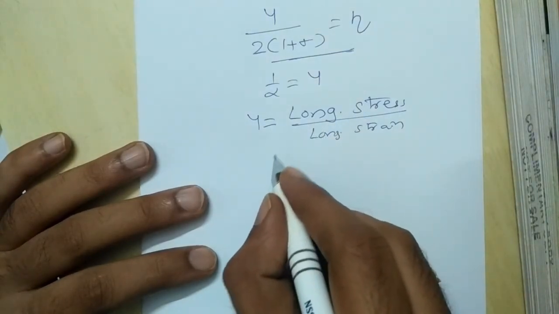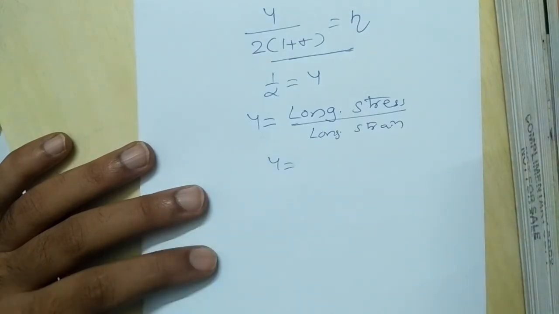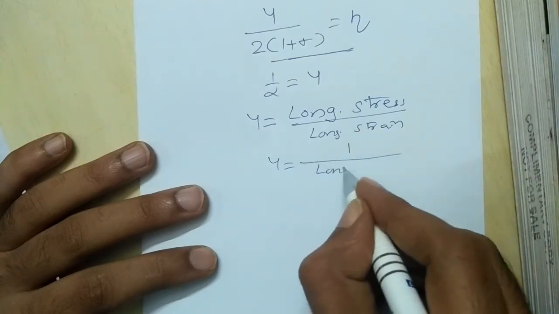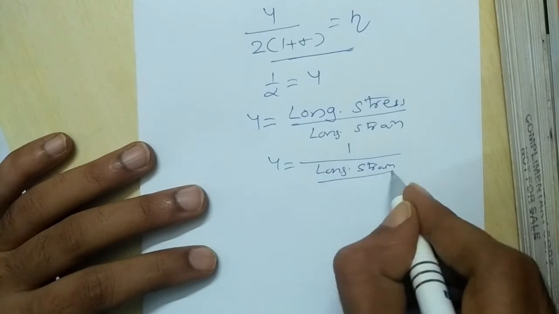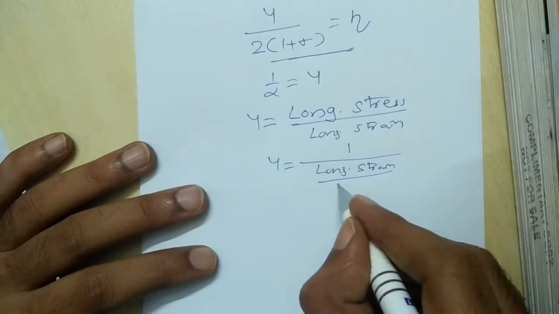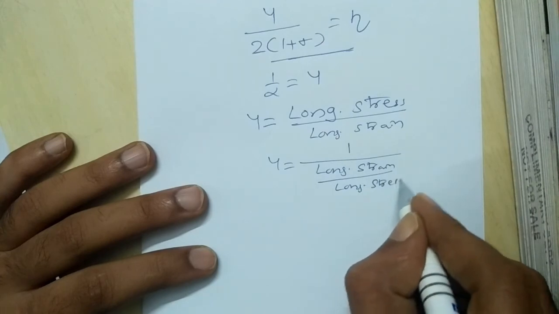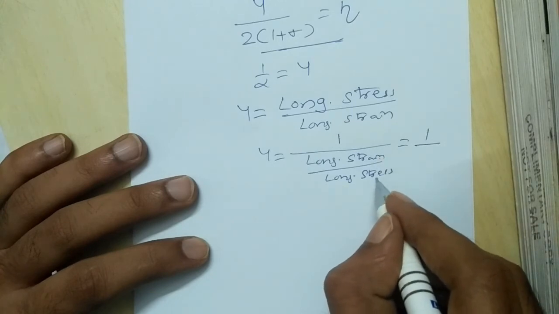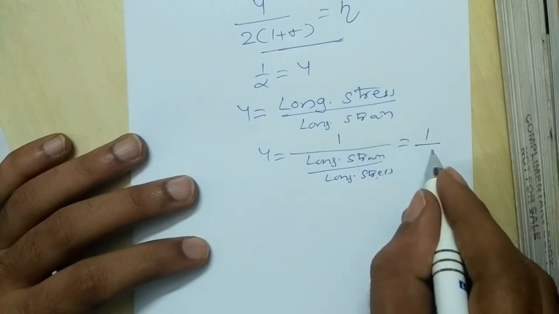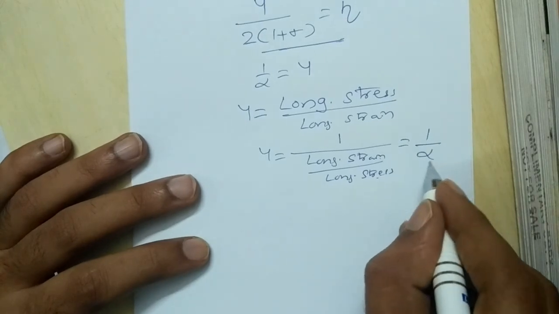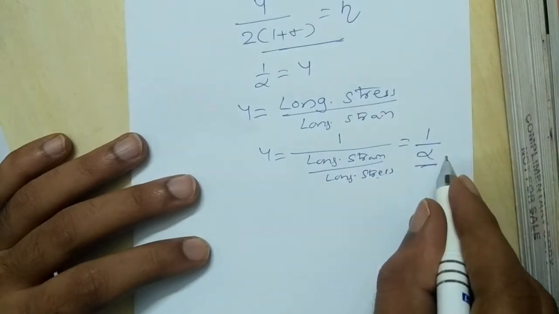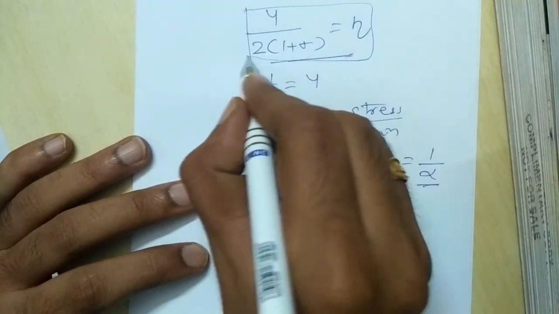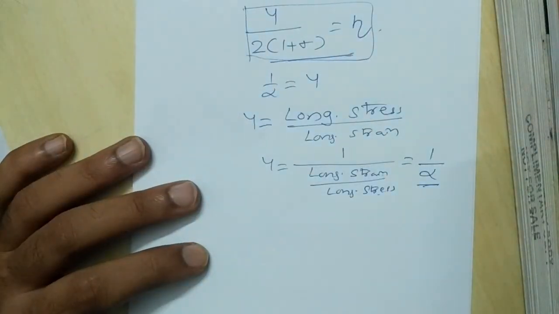This can be written as 1 divided by longitudinal strain per unit stress. That is nothing but the longitudinal strain coefficient alpha. So that's why Y is equal to 1 by alpha. So we get a relation, Y divided by 2 into 1 plus sigma equals eta, which relates Y, eta and sigma.